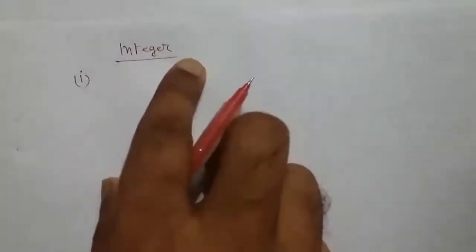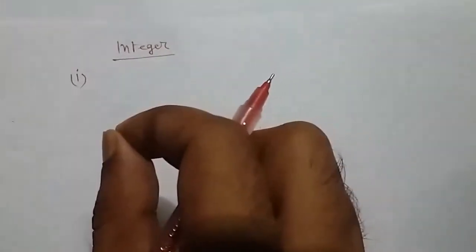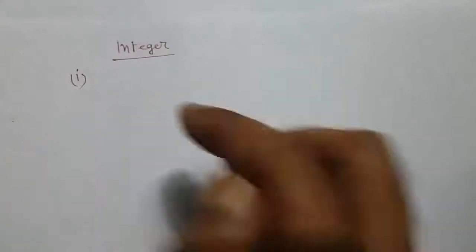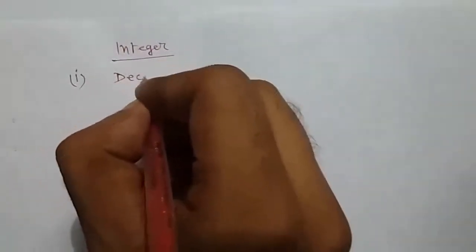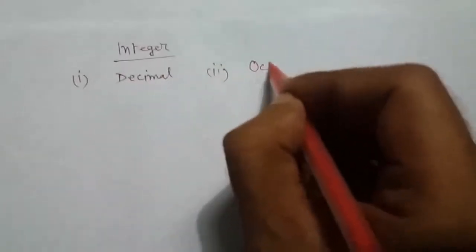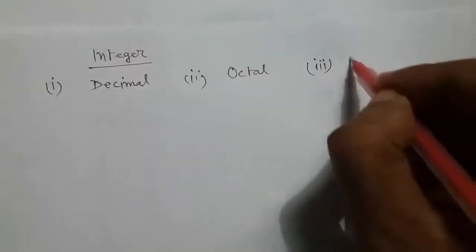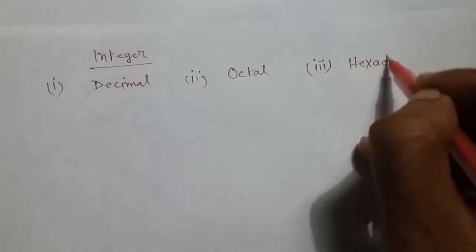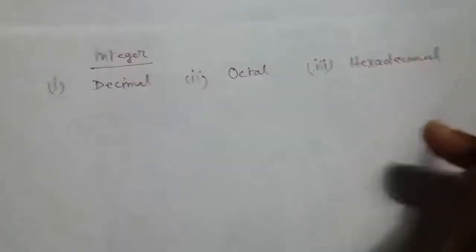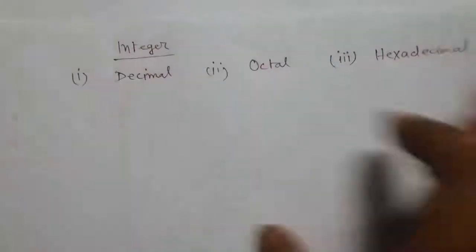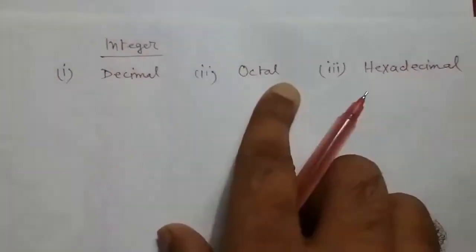So there are three types of integer literals used in Java programming. Number one is decimal integer literal. Number two is octal integer literal. And number three is hexadecimal integer literal. Okay. So these three: decimal, octal and hexadecimal.